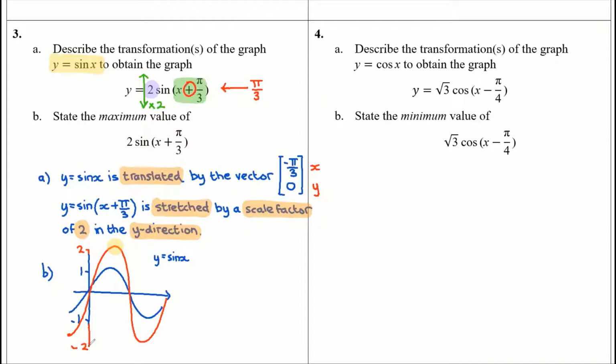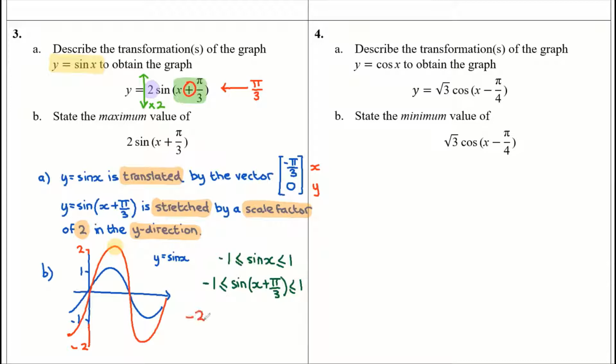So if you just want to summarize it a bit differently, we know that sine x is bounded between -1 and 1. Again, it doesn't matter about the translation horizontally. This is also still bounded between -1 and 1, and then the only change comes when we double on the outside.